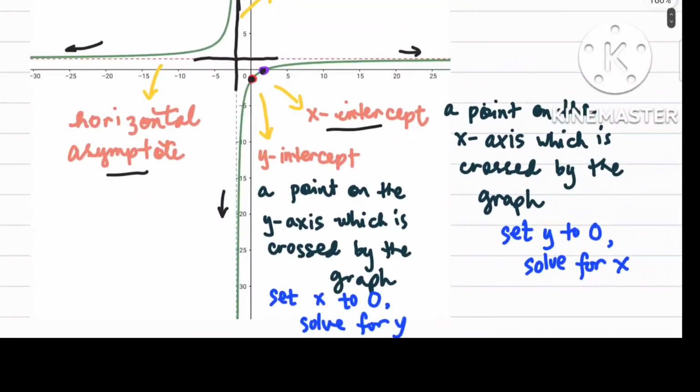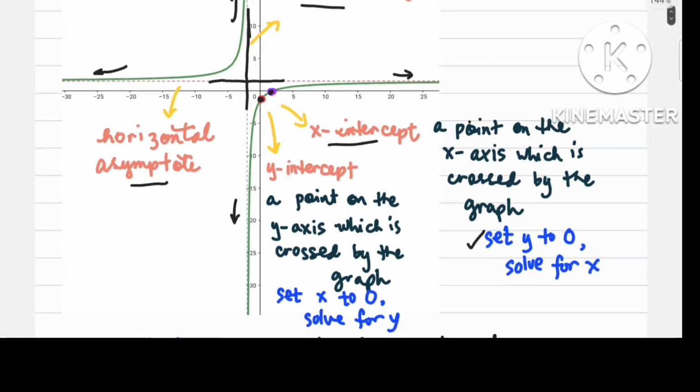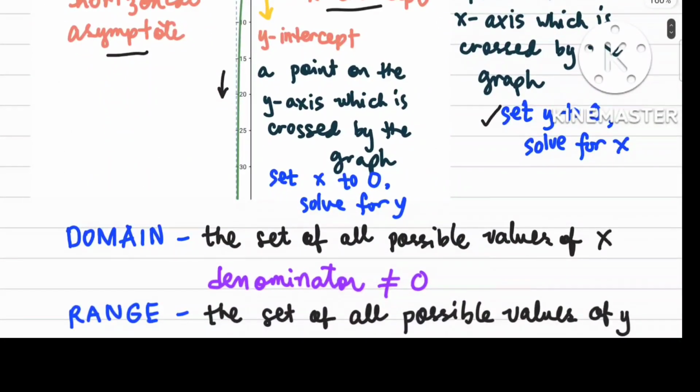We compute the x-intercept by setting y to 0 and then solving for x. On the other hand, we compute the y-intercept by setting x to 0 and then solving for y.